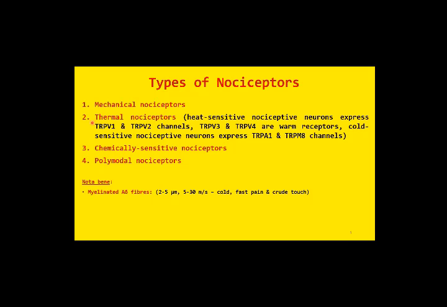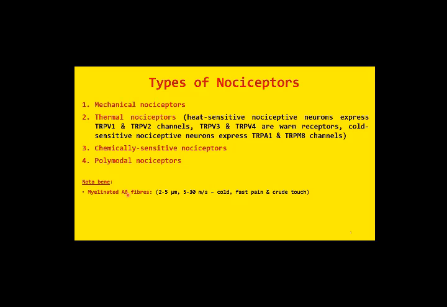Erlanger-Gasser classification of nerve fibers is according to the diameter and conduction velocity of the nerve fiber. So according to that classification, nerve fibers can be classified under three major types: A, B, and C, where A has subtypes alpha, beta, gamma, and delta.